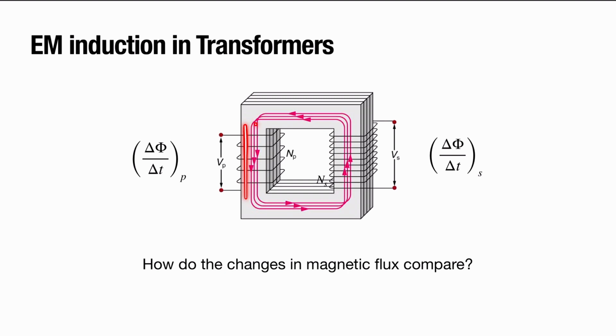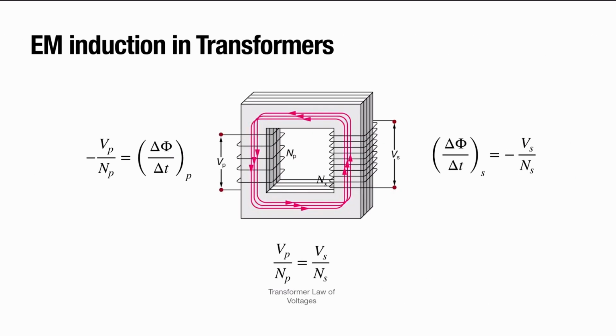If we have 10 magnetic field lines per second flowing through this side, we must necessarily have 10 on this side. The point is, the change in magnetic flux on the primary side must be the same as that on the secondary side. This brings us to the first law of transformers.